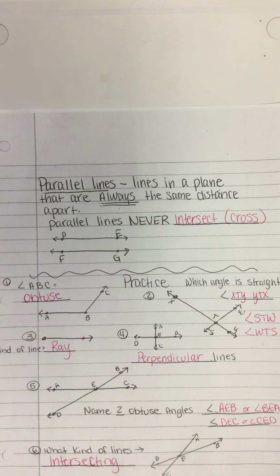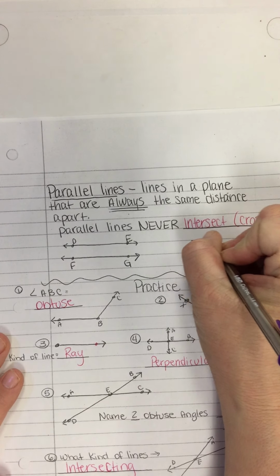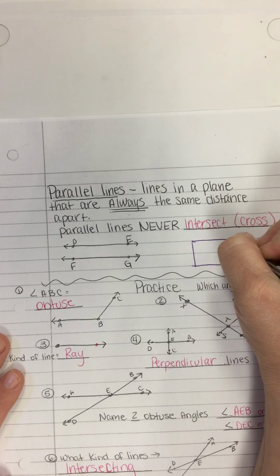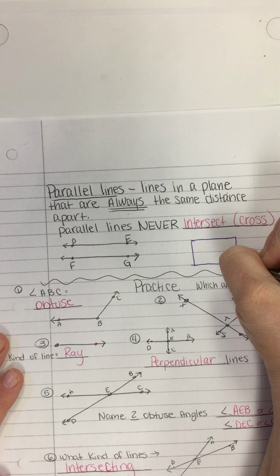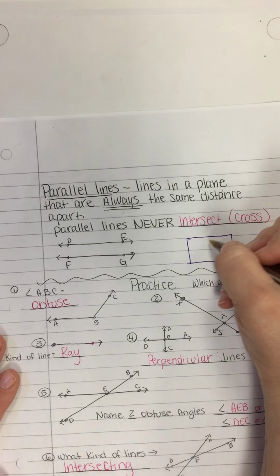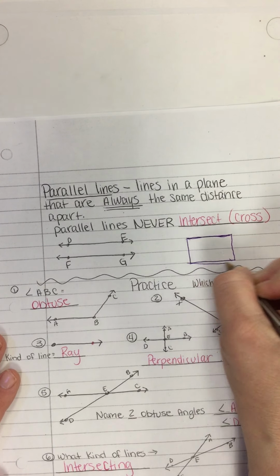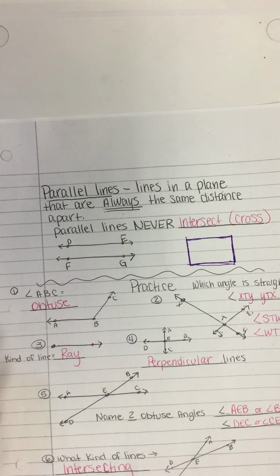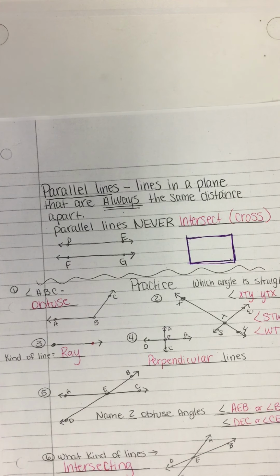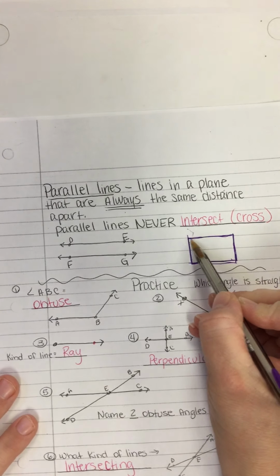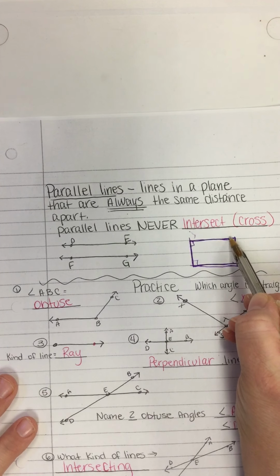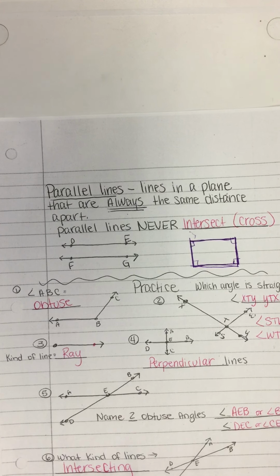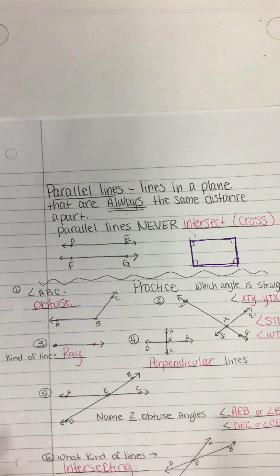If I'm looking at a square, that side's parallel, and this side is parallel. And they cross at 90-degree angles to make perpendicular corners. So a square has two pairs of parallel lines and perpendicular corners.